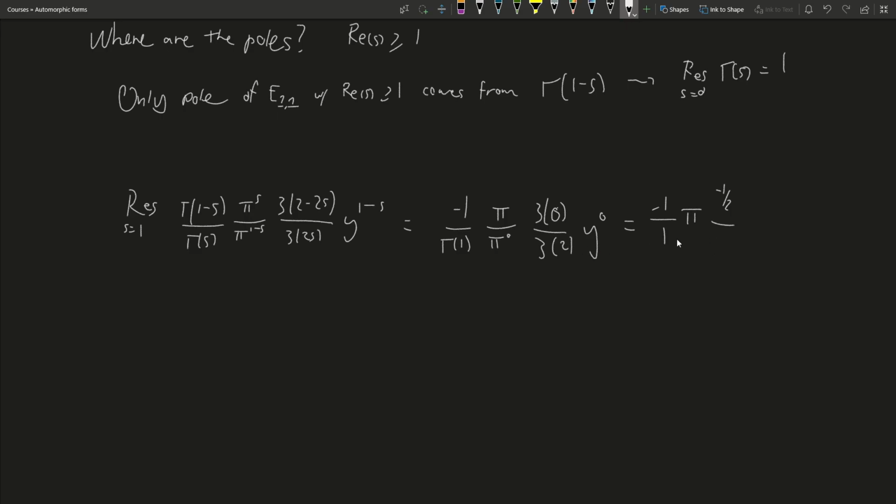And then here, zeta of 2 is pi squared over 6, and then of course we don't have our y. And cleaning this up a little bit, we get a value of pi over 3, right?